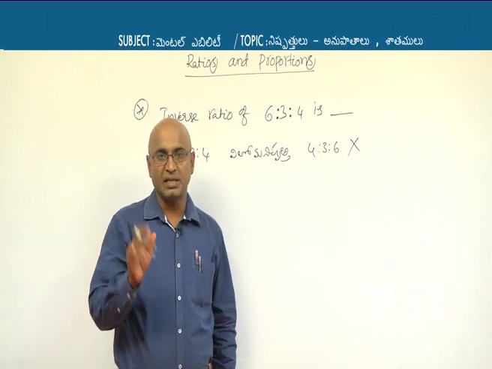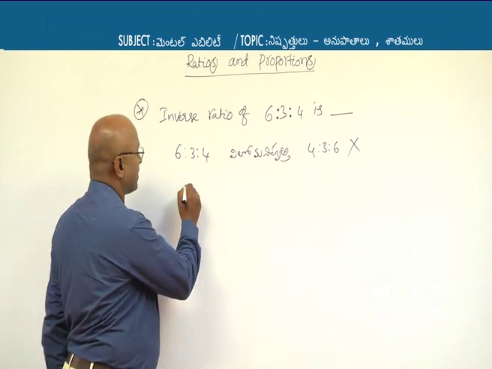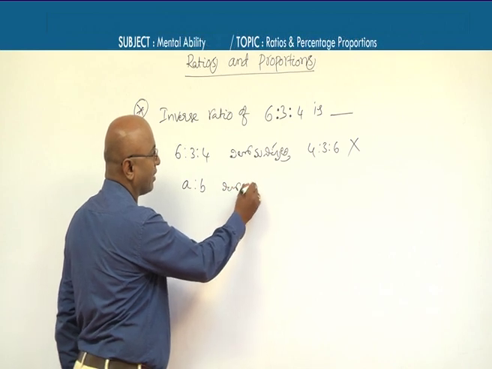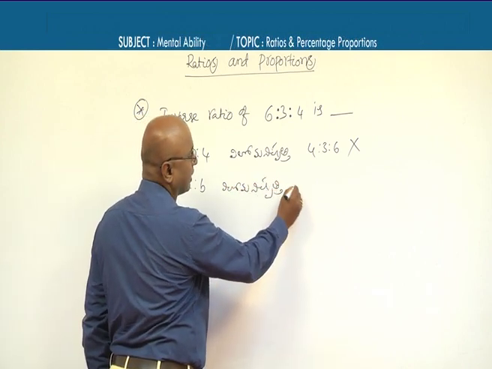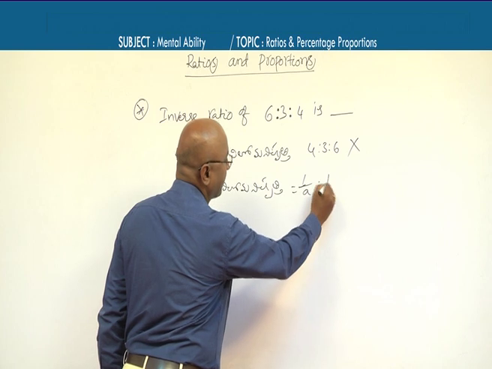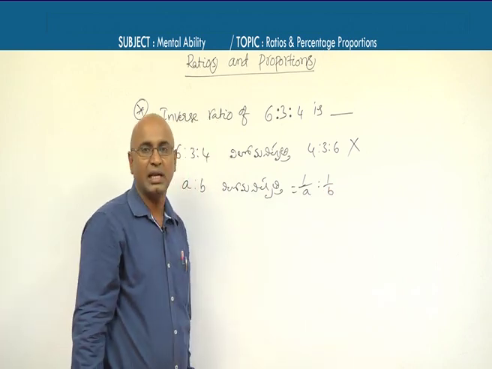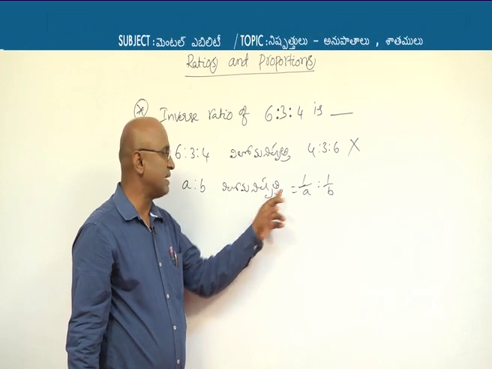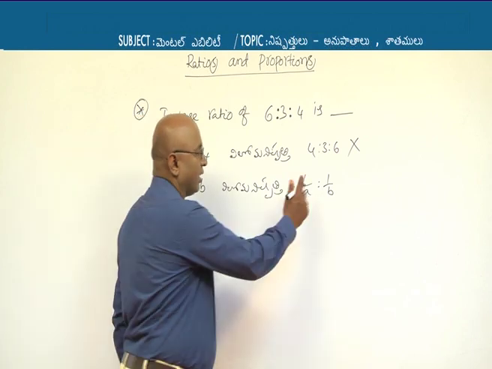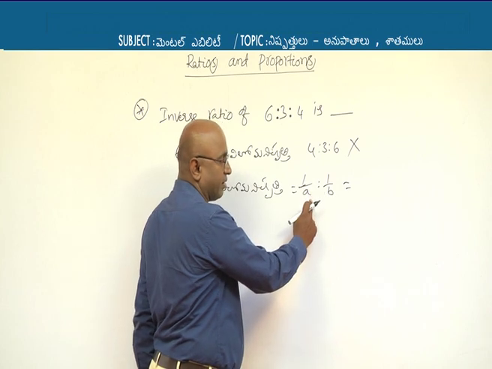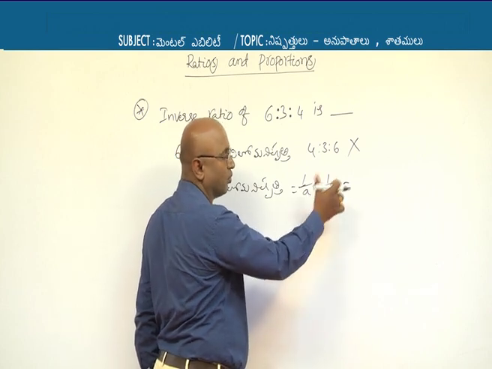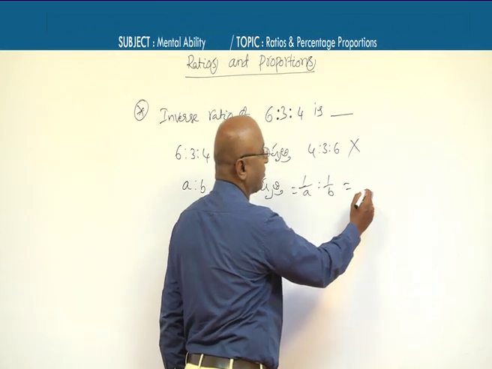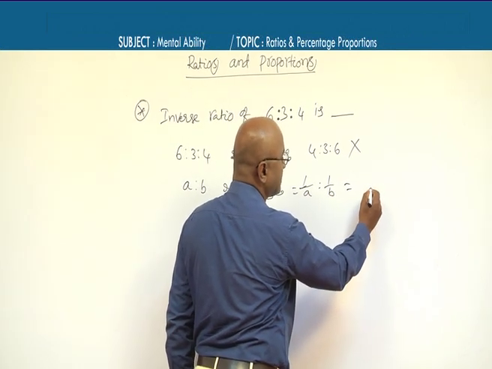Inverse ratio means, suppose the inverse ratio of A is to B is 1/A is to 1/B. The ratio of the reciprocals of A and B is known as the inverse ratio. In order to convert these fractions into a ratio, first find the LCM, that is, the LCM of A and B is AB.